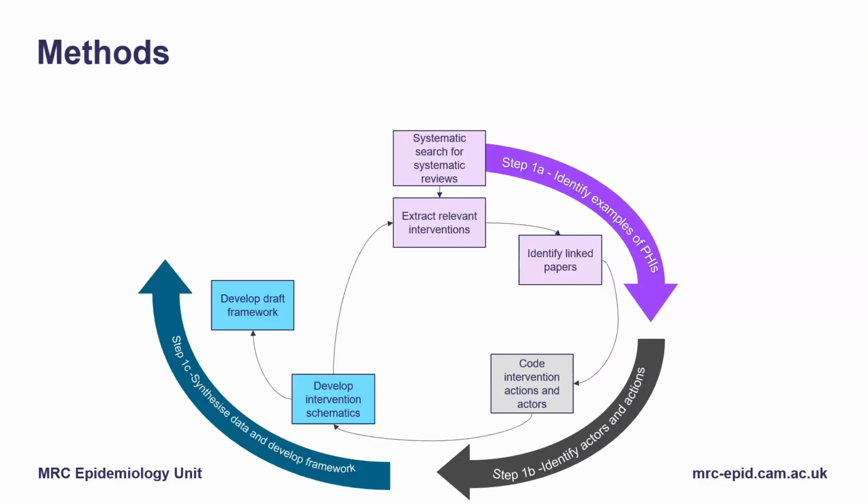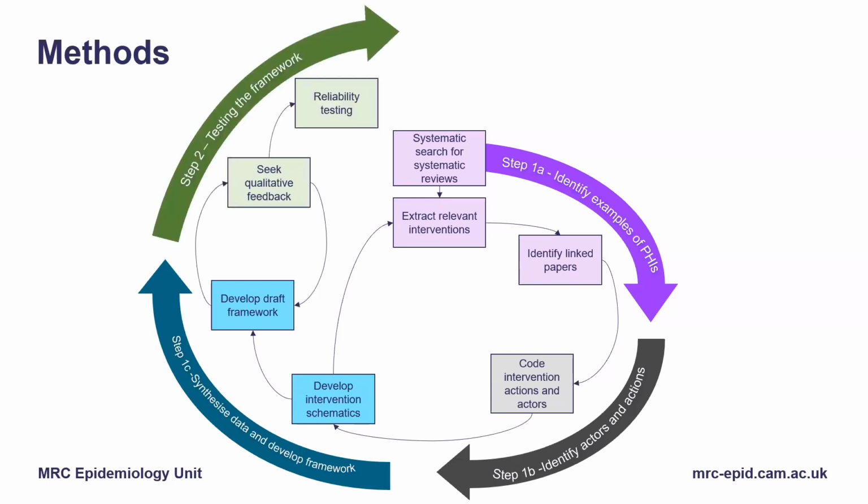And after we had this for each individual intervention, we grouped together similar intervention types, for example, provision of information or increasing availability of food, and amalgamated these into similar intervention schematics, which we then compared and contrasted in order to develop a draft of the framework.